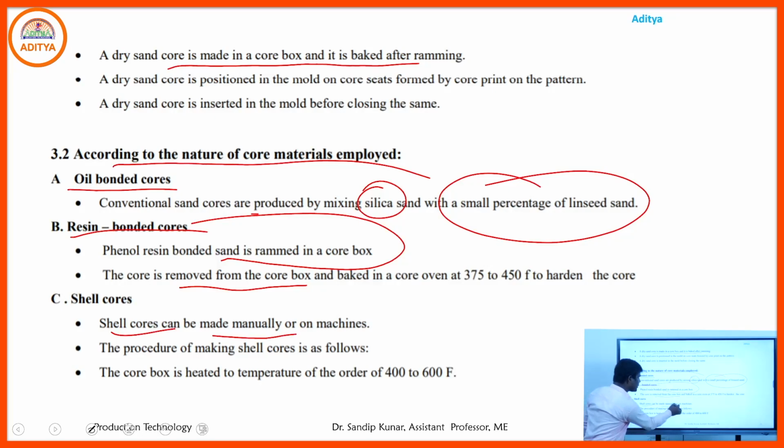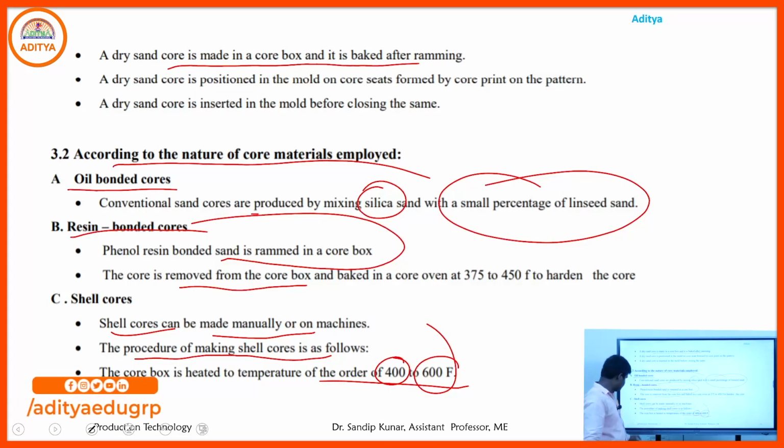Shell cores are made manually or on a machine, and the process is as follows: the core box is heated to a temperature of about 400 degrees centigrade to 600 degrees Fahrenheit.